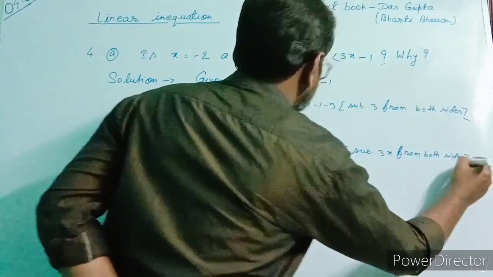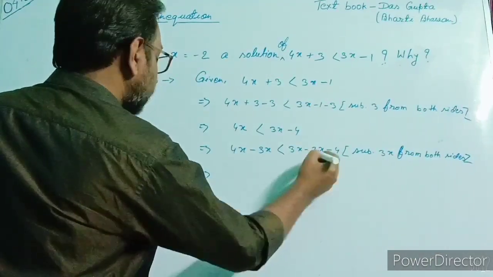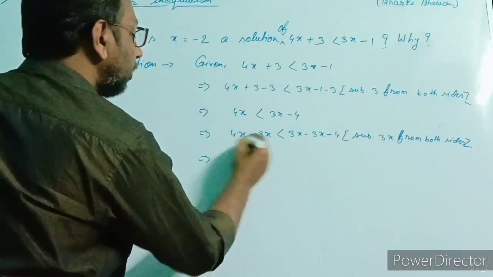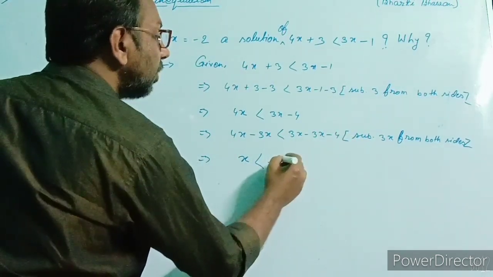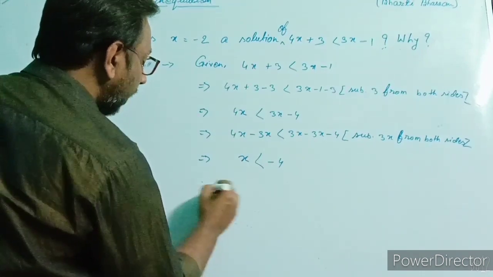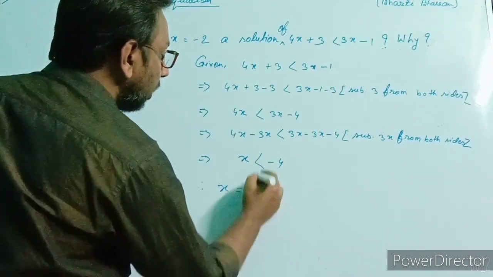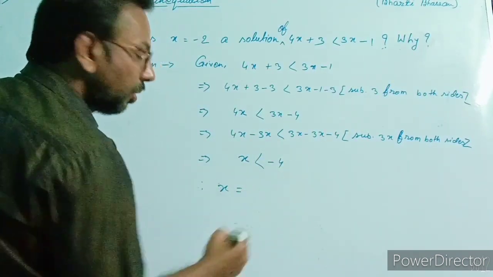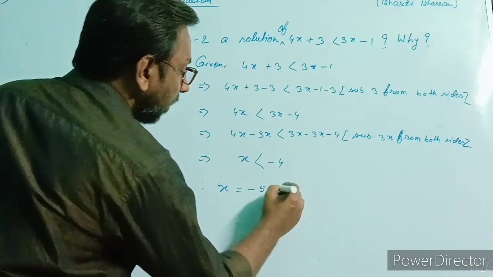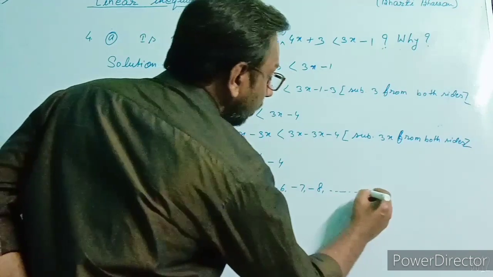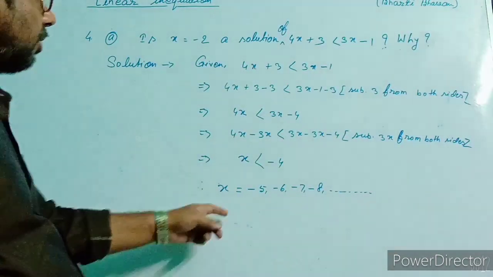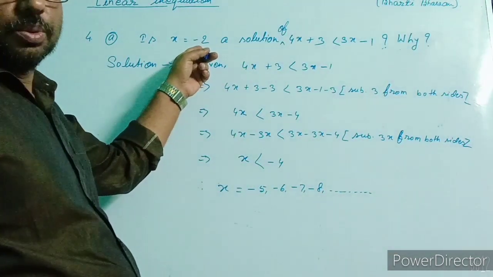In the next step, this plus 3x minus 3x cancelled, and 4x minus 3x equals x, which is smaller than minus 4. So x is smaller than minus 4. So the values are minus 5, minus 6, minus 7, minus 8, and so on. In these values, we are not getting minus 2.